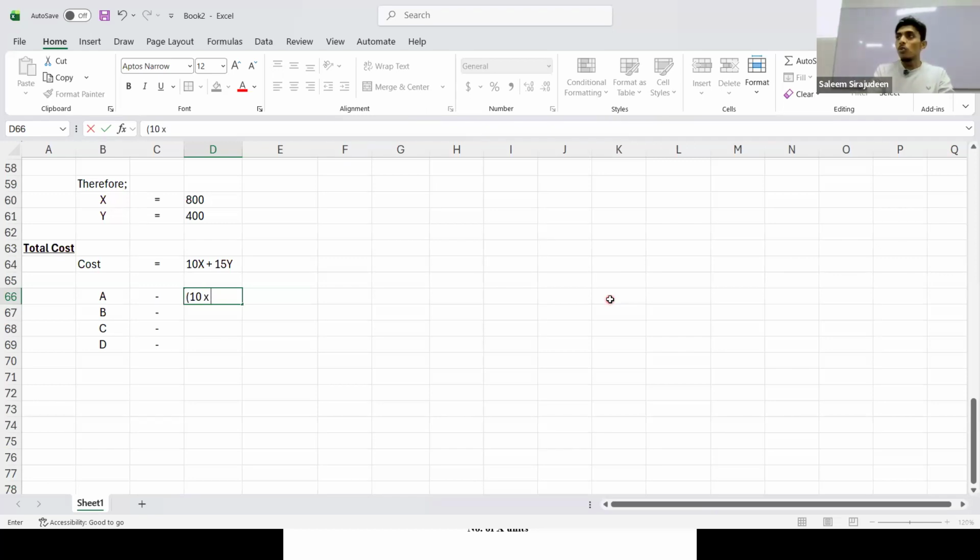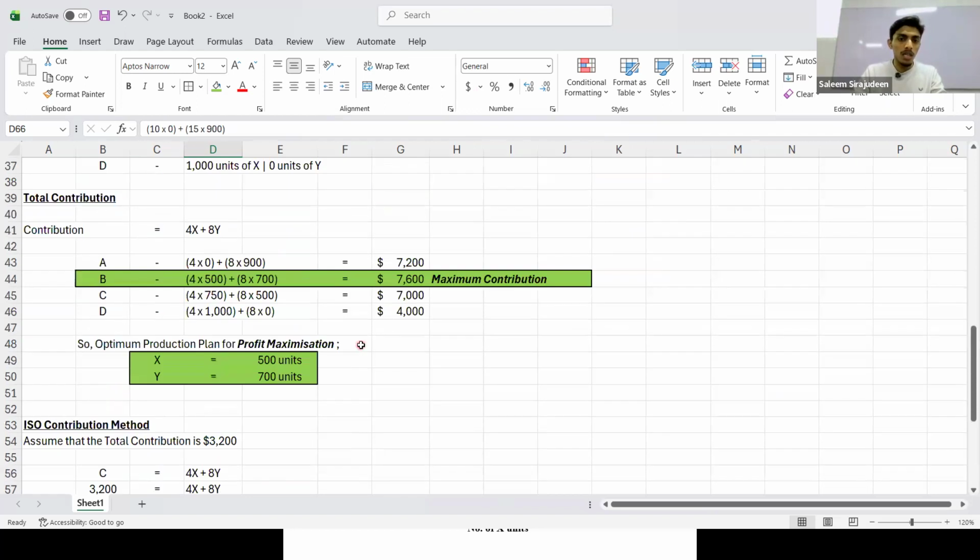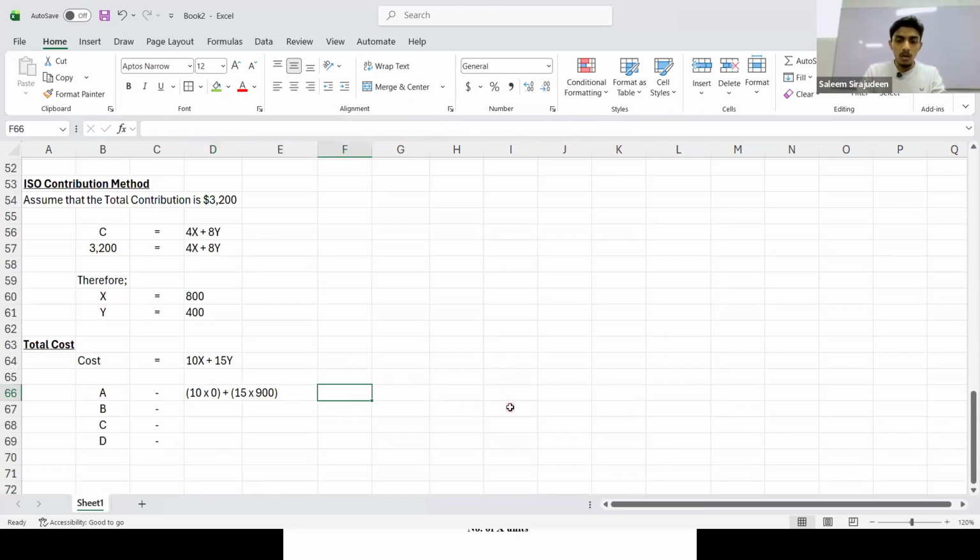So it is 10 into 0 plus 15 into 900. 15 into 900. Then how much you are getting? So equal 15 into 900. How much? 13,500.